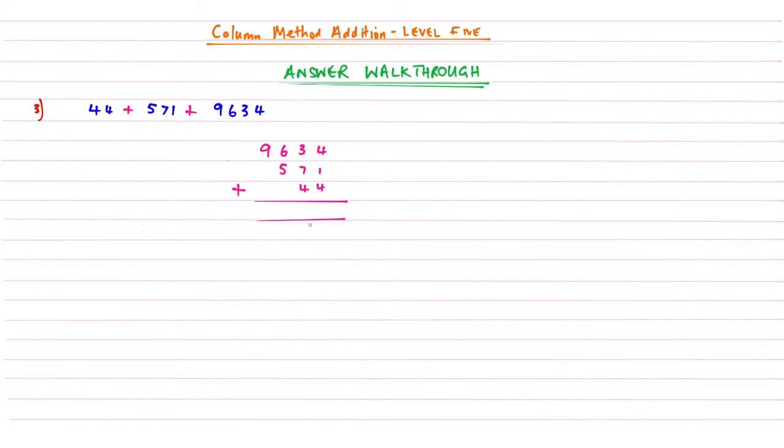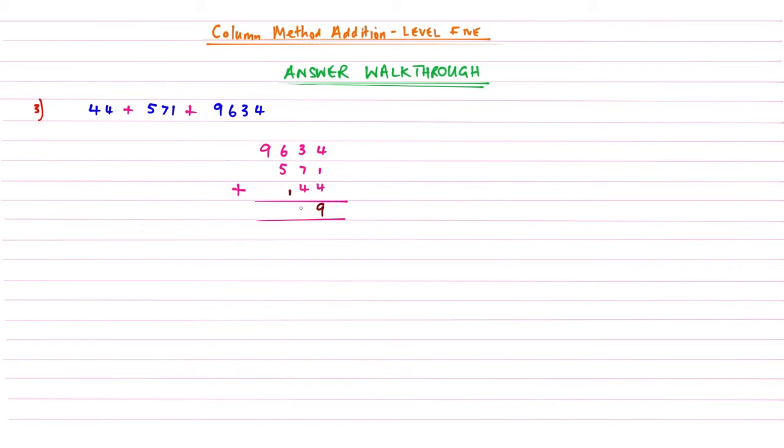And so here we have the answer walkthrough for question number 3 then. So just to save a bit of time, I've already set up the column method and written them in size order, if you'll notice. So the biggest numbers are on the top, and taking great care to line up my numbers in terms of place value there. So then if we add up the first column, so we have 4 add 4, which is 8. Add the 1 there, gives me an answer of a 9. Move on to the tens column. 3 add 7 is 10.